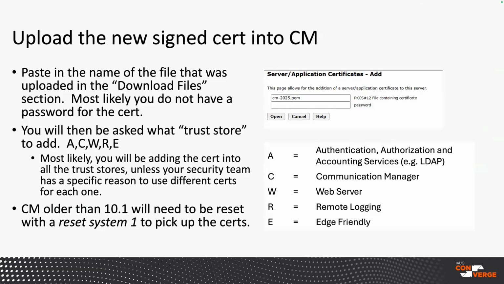If you are on an older system, so older than 10.1, so that's the 8.1.3 release and before, you do have to do a full reset system 1 in order to pick up those new identity certs. When you do that, some phones may drop that type of stuff, but it's not going to be a full reset system 4. But you do need to restart older versions of CM to pick up that identity cert.